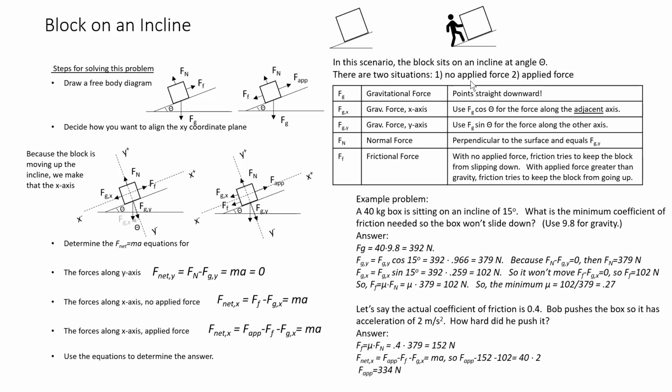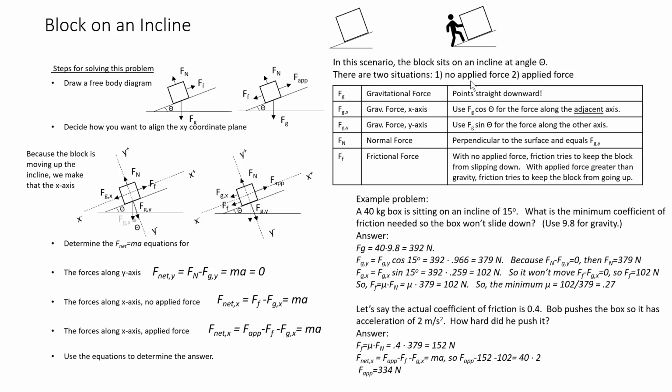That means that the y-axis is the adjacent axis. So the gravitational force in the y direction is the gravitational force times cosine, and the gravitational force times sine is along the x-axis.